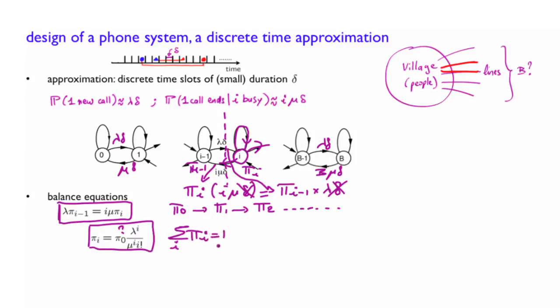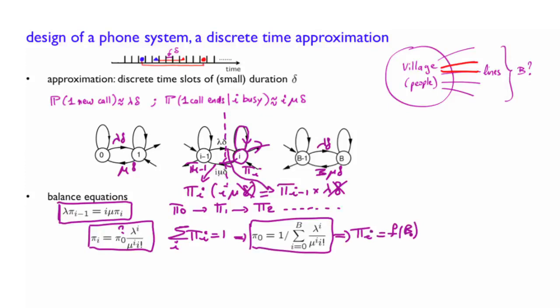You use this normalization, replace each pi i by its value as a function of pi 0, and then we obtain this equation for pi 0. And then in turn, from this pi of 0, you can replace it in pi of i, and you obtain pi of i as a function of b, lambda, and mu.